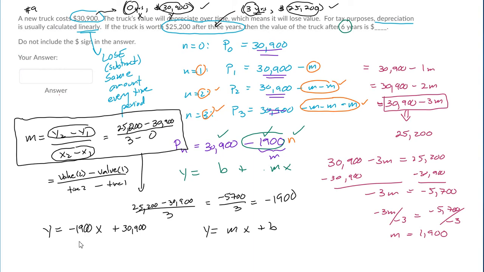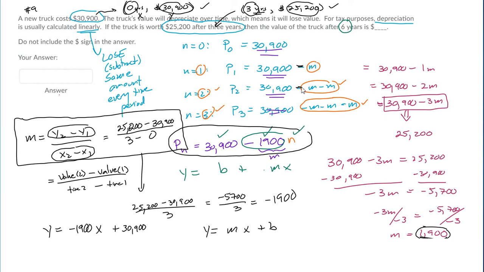I could rewrite this as this formula, moving the 1900 to the end. The reason the 1900 was positive here was because we were assuming it was something we subtract. The word subtraction already indicates the negative, so 1900 is what we subtract.